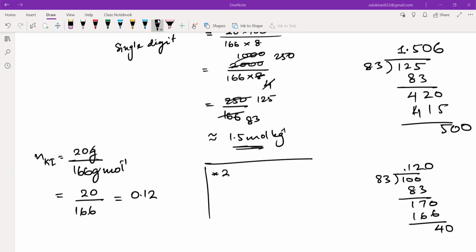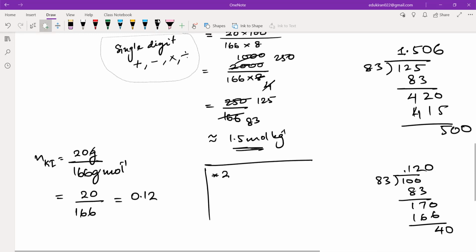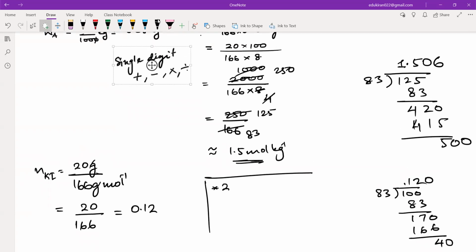So one thing that I will ask you is to be very good at single digit addition, subtraction, multiplication, and divisions. Okay, it should be at your fingertips. What happened was that I used to change schools so frequently, so everything got mixed up and confused.